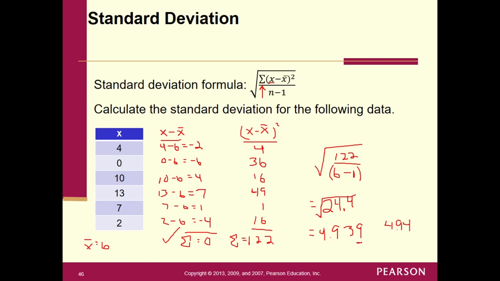Since this number is 5 or greater, we'll just round it up. Technically, whatever x was supposed to be in terms of, I didn't define x, did I? But let's say x was in terms of, how about pounds? We could then say that the standard deviation for this data set would be 4.94 pounds. So there's the calculations for the standard deviation. Hopefully you got what I got.